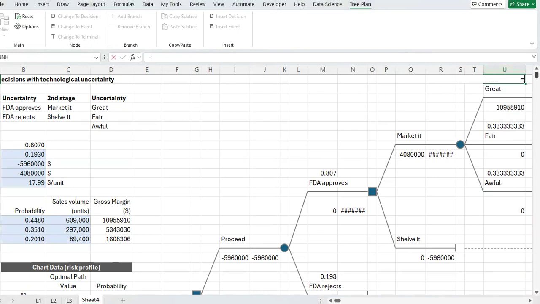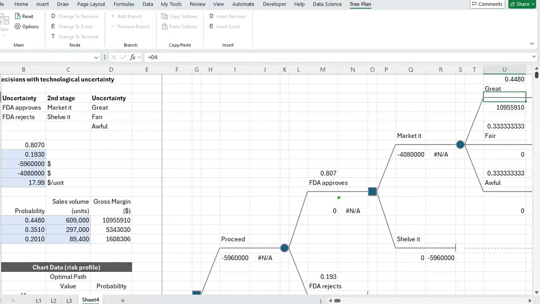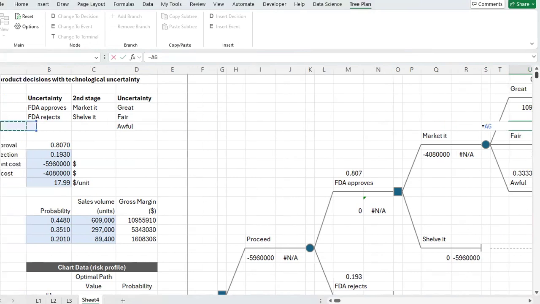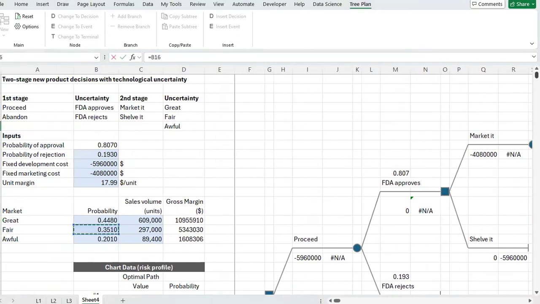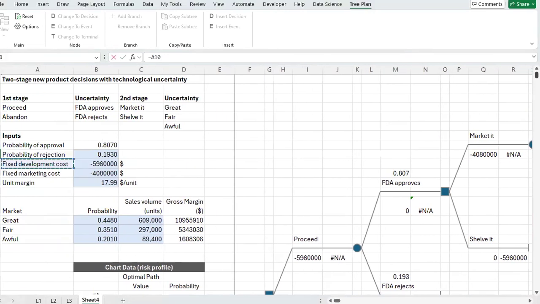The probability of a great economy is 0.4480. The probability of a fair economy is 0.3510. We expect a gross margin for a fair economy of $5.343 million.